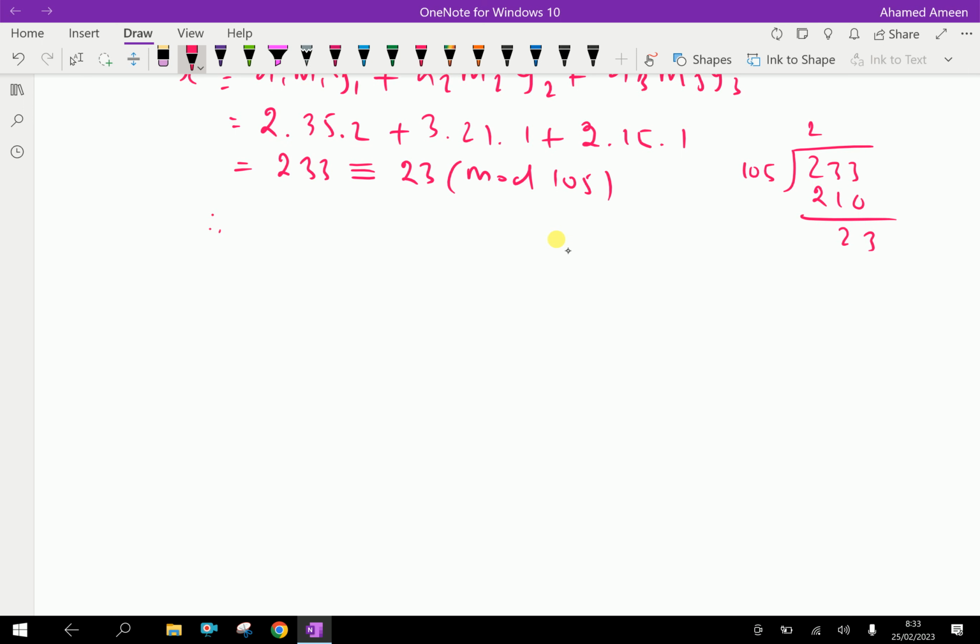Therefore, 23 is the smallest positive integer.